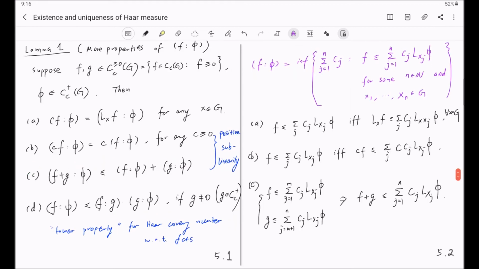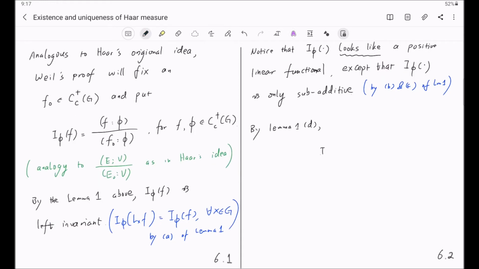And by the property D of our lemma 1, we can immediately see that I sub phi of F is bounded above by F column F0, while it is bounded below by 1 over F0 column F.